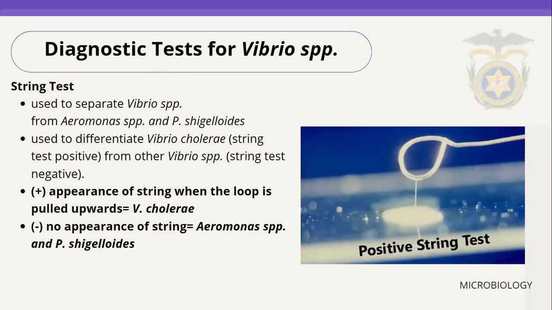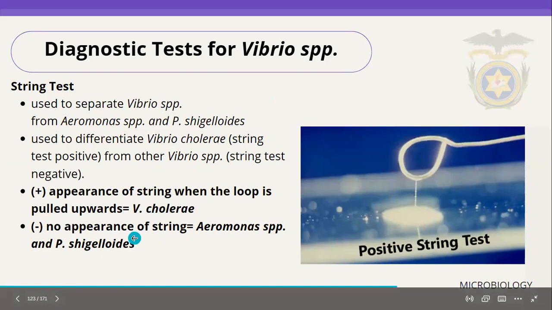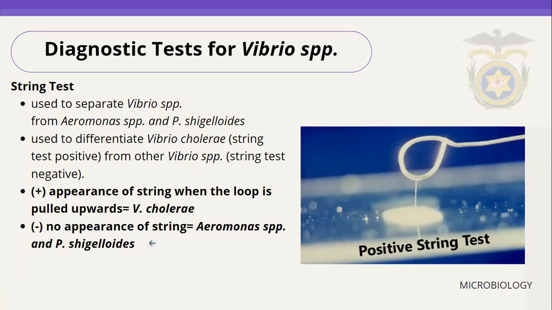This test is also used to differentiate Vibrio cholerae, which is string test positive, from other Vibrio species, which are string test negative. For the positive result, we see a string appear when the loop is pulled upwards for Vibrio cholerae. If there's no string, it's negative, as seen in Aeromonas species and Plesiomonas shigelloides.